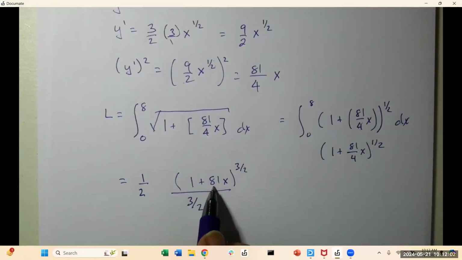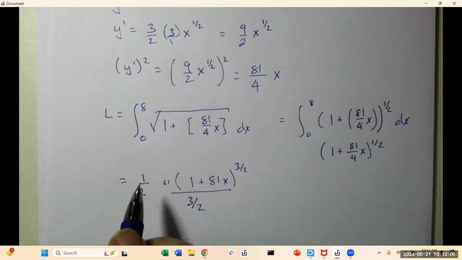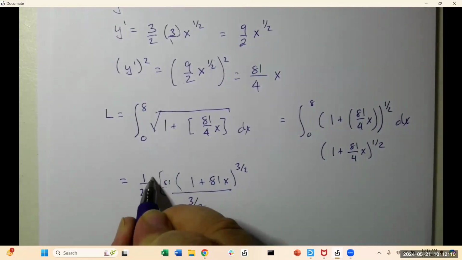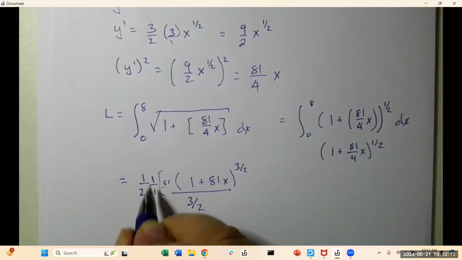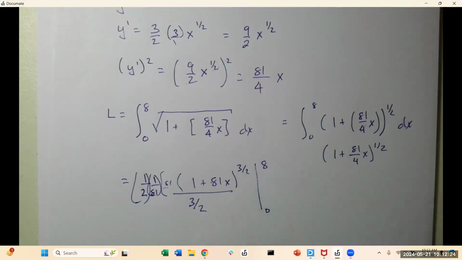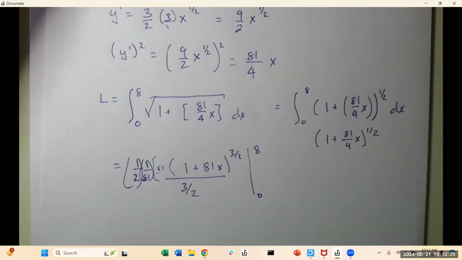So the 81 coefficient has to come out in front, because that's what we had inside there. So it's 1 over 81. Remember, you always have to be able to go backwards. And then this goes from 0 to 8.